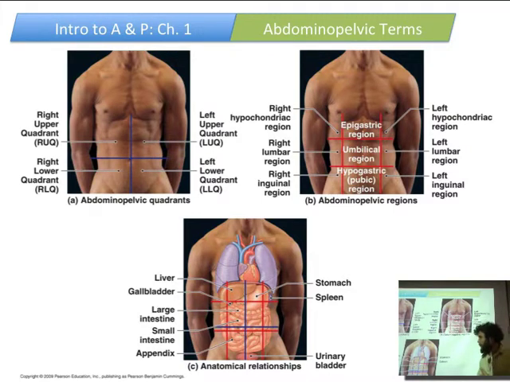Down here, we can see why this even matters. Because if you know where the underlying structures are in relationship to these surface designations, you can pretty quickly tune in to what's going on. Okay? This line that defines the hypochondriac region extends between the two inferior margins of the chondral portions of your ribs.